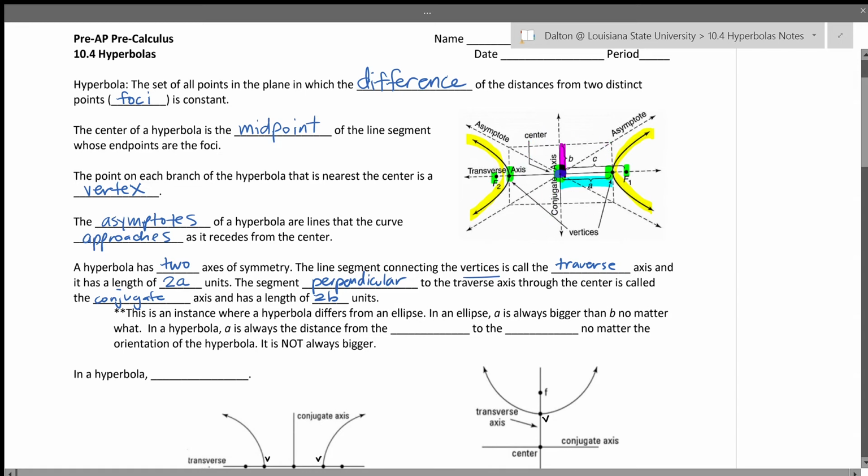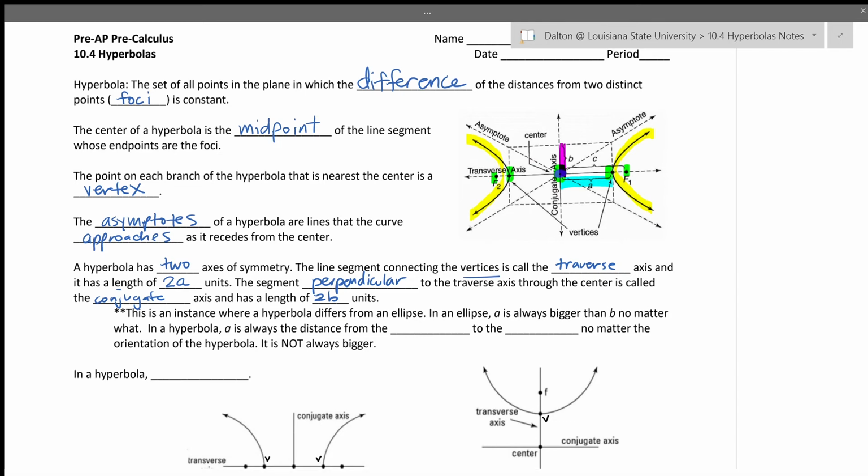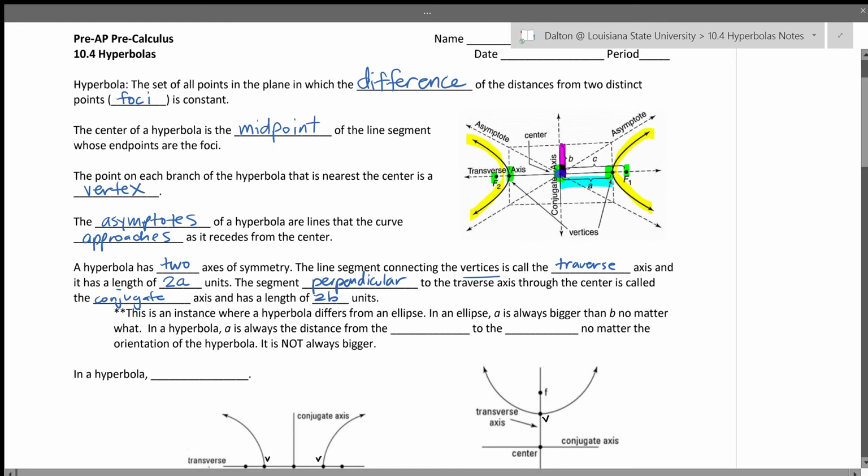In an ellipse, we have a major and a minor axis. Major is always the bigger one, minor is always the smaller one. For a hyperbola, we have a transverse and a conjugate axis. Neither is always bigger than the other. So that's one of the main differences. This is an instance where a hyperbola differs from an ellipse. In an ellipse, a is always bigger than b no matter what.